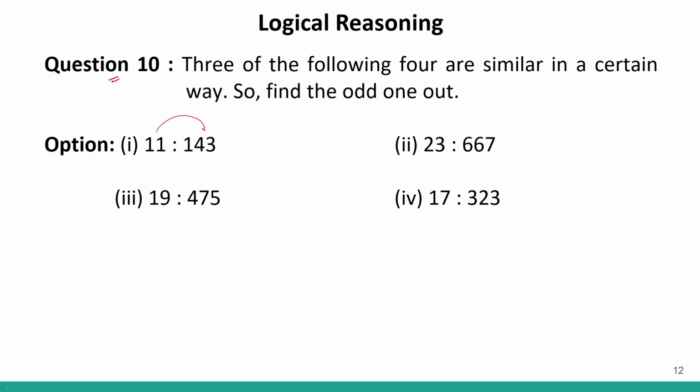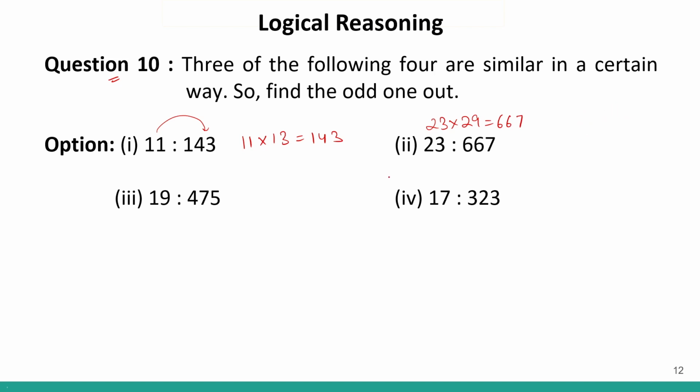Again, if I look over here, I can see that 11 into 13 gives me 143. Similarly, if I look over here, 23 and 667. If I try to divide them, I'll get 29. So 23 into 29 gives me 667.